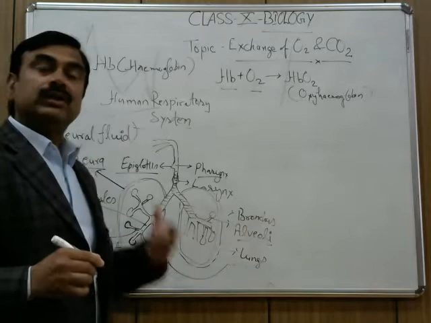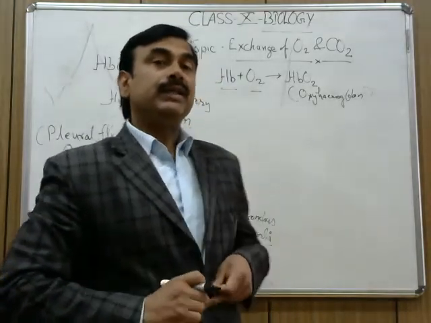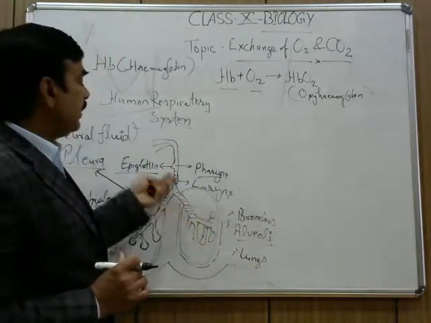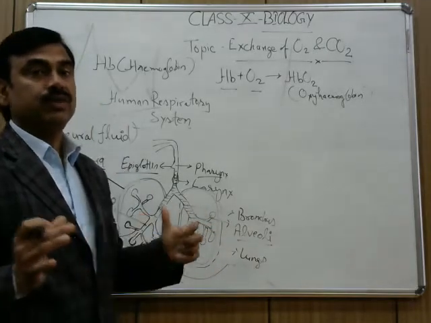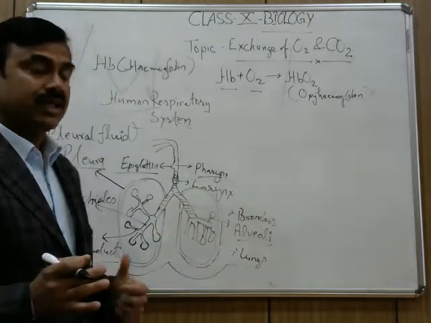Okay, so this pleural fluid, which is present between these lung membranes, pleura and viscera, you have to remember the names. It is a shock absorber, which helps in the expansion and contraction of the lungs.